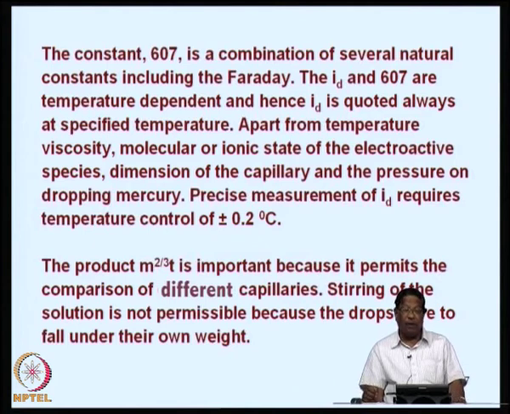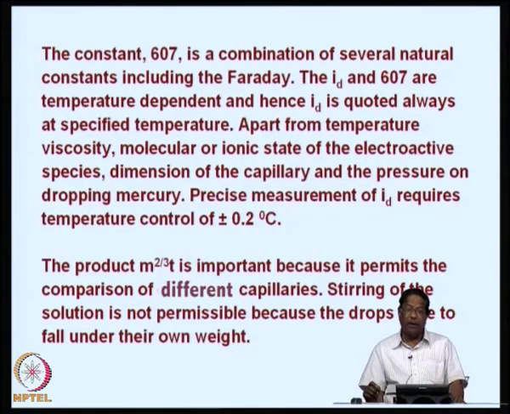Apart from temperature, the other factors are viscosity, molecular and ionic state of the electroactive species, dimension of the capillary, and pressure on the dropping mercury, etcetera. So, precise measurement of I d requires temperature control of plus or minus 0.2 degree centigrade.